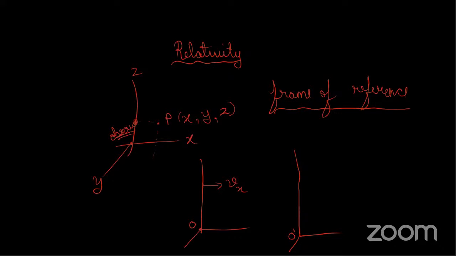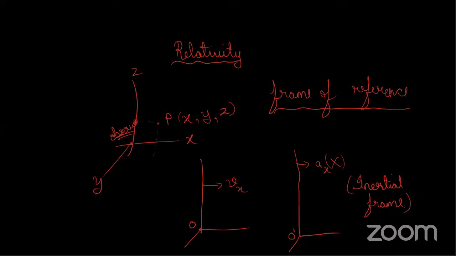So if there is no acceleration applied to the reference system, that means the observer is moving at a constant velocity, that is, the velocity is not changing, then we call such a reference system an inertial frame of reference, or an inertial frame.